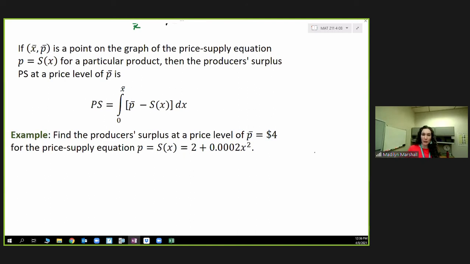So again, we're not being given X bar, so that's the thing we need to find.